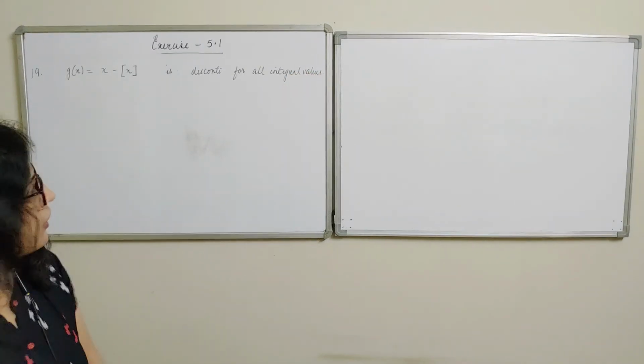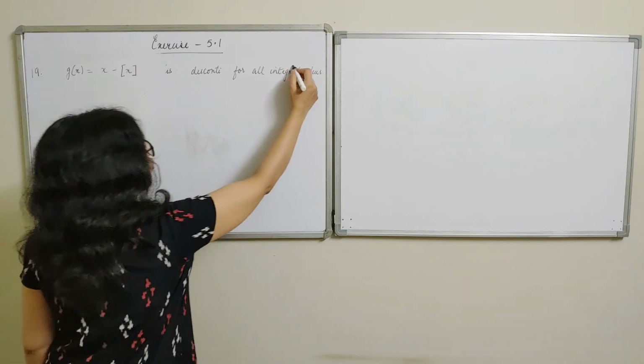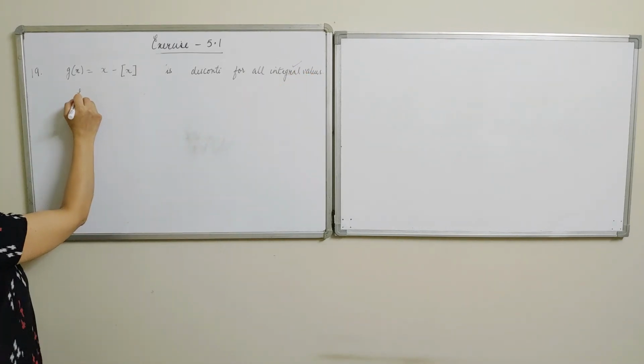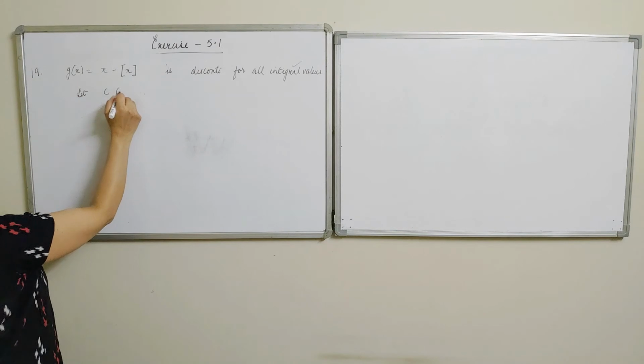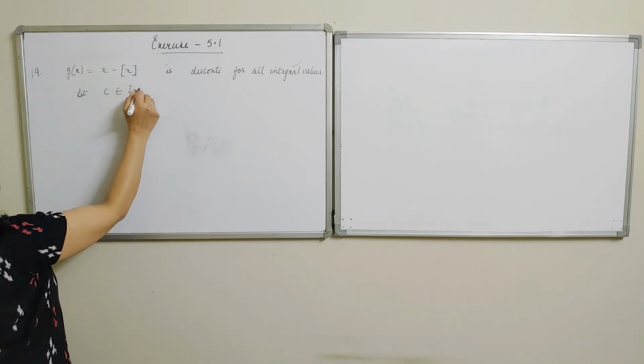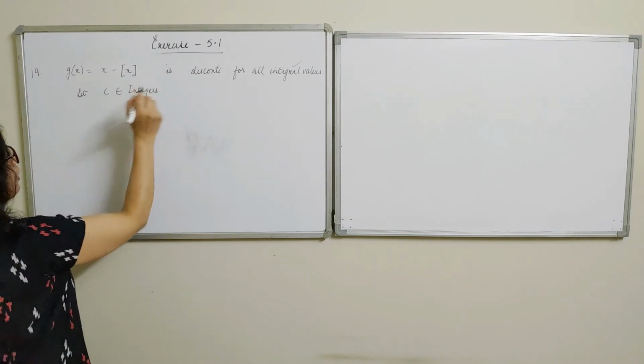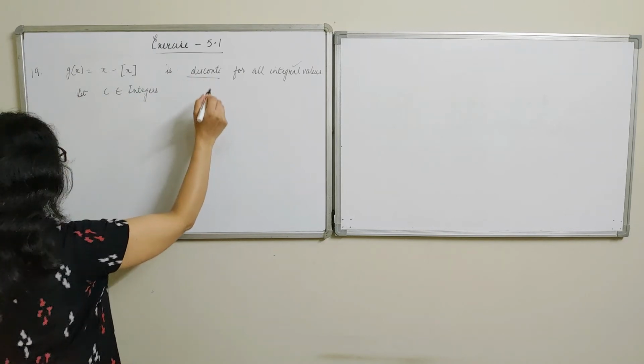Okay, now it is discontinuous for all integral values, so let us choose one integral value, suppose c. Let c belong to the set of integers. We have to show that it is discontinuous.